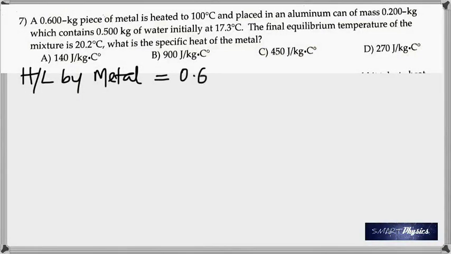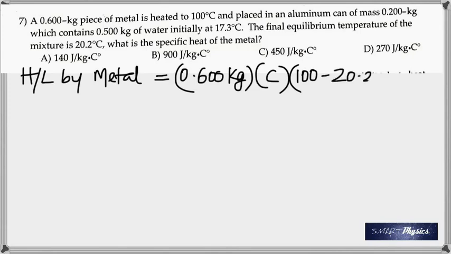So the only difference here is you're going to find the heat lost by the metal because it's the hot object, and you're going to find the heat gained by aluminum and water separately and add them up, because that's when you will get the total heat gained. Again, aluminum and water both are gaining heat, so that's the only difference. Heat lost by the metal is mc delta T, which is 0.6 kilogram, and specific heat of the metal, which we have to find, 100 minus 20.2.